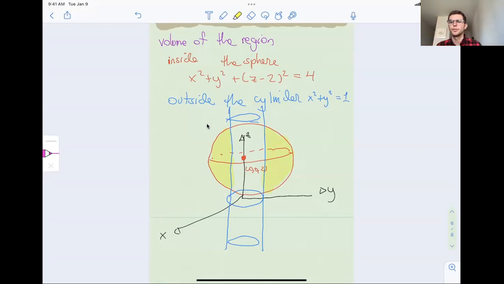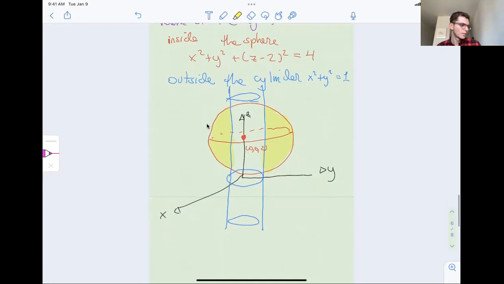Does everyone visualize it? Is that okay? Yeah, it's in all directions. Let's go to our friend GeoGebra.